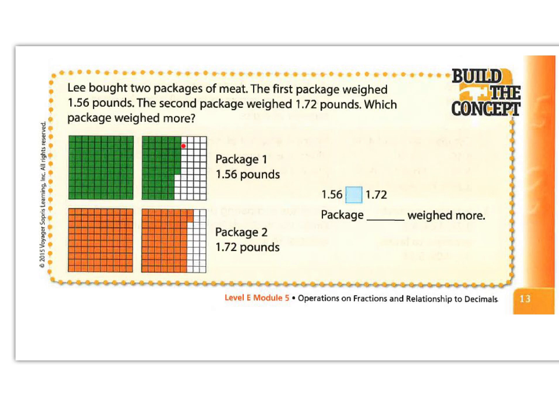We can see very easily that 72 hundredths is more than 56 hundredths. We know that 1 is the same, so we have to go to the next place value, and we can see that 1 and 72 hundredths is greater. So 1 and 56 hundredths is less than 1 and 72 hundredths. So package 2 weighed more.